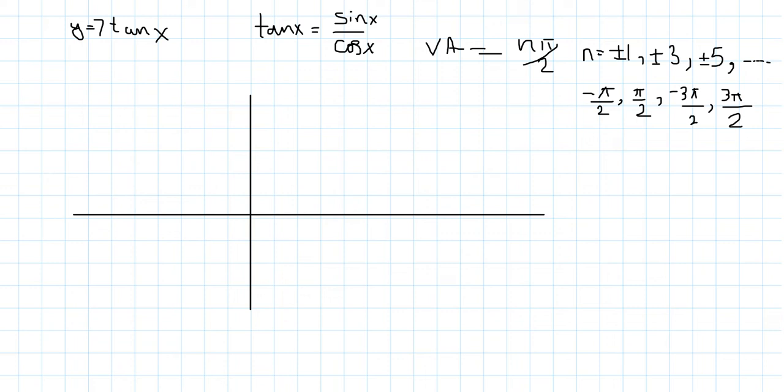And here I know between the vertical asymptotes should have the distance of period, and period here is pi. In tan and cot we use pi over b. b is here 1. The coefficient of x is 1, so it is pi. Between them has the distance of pi.